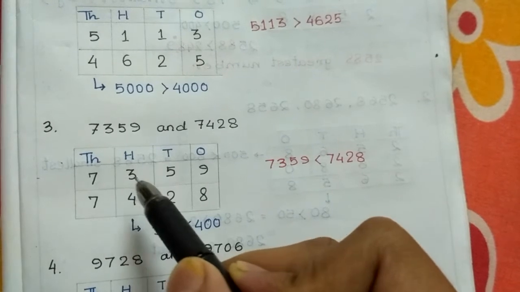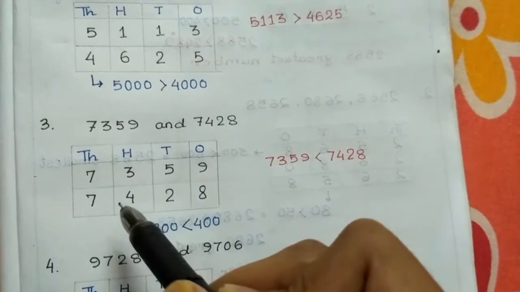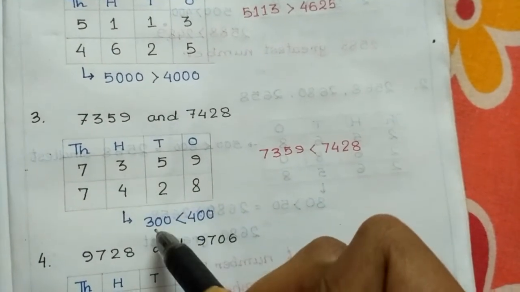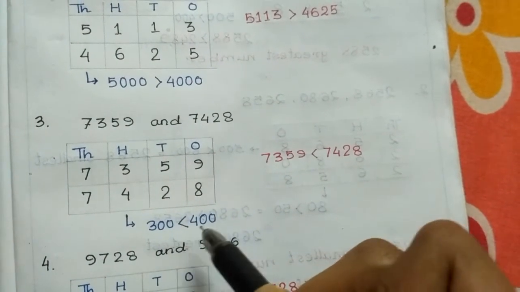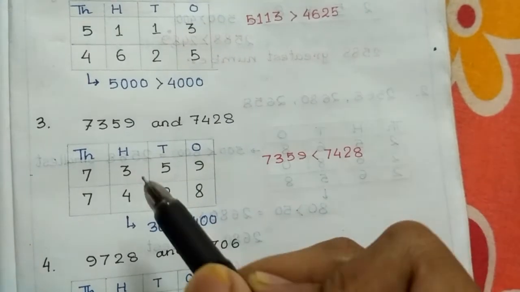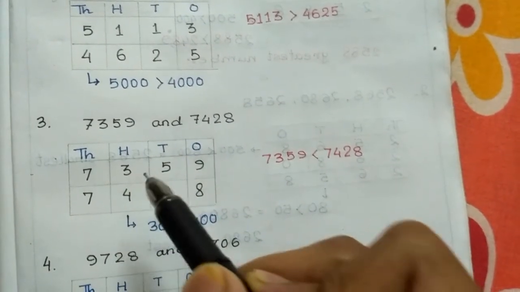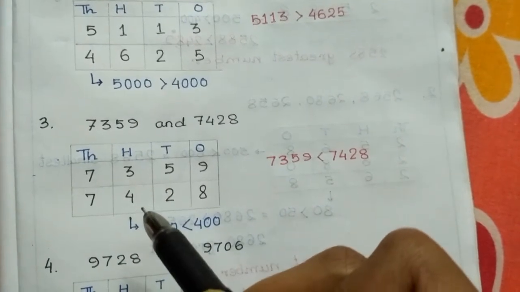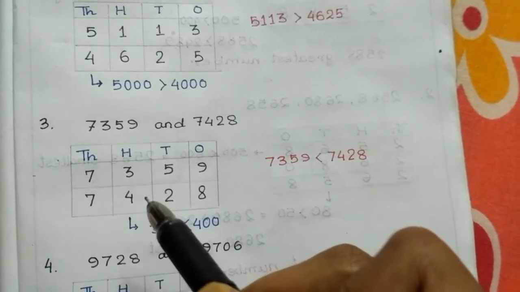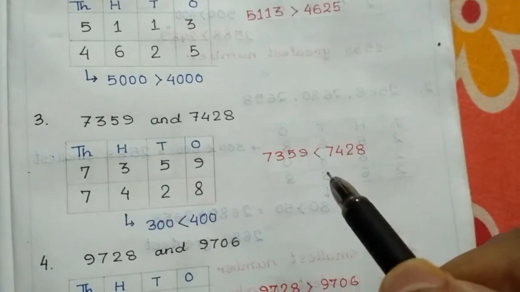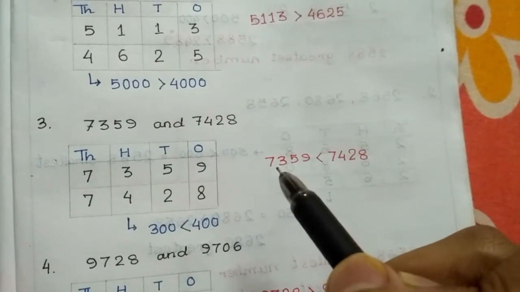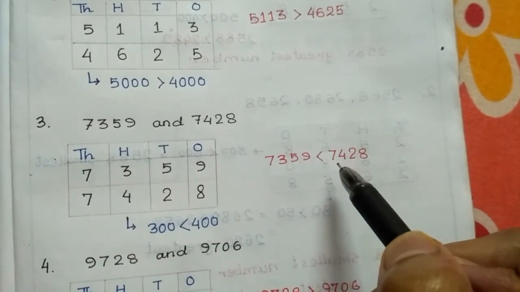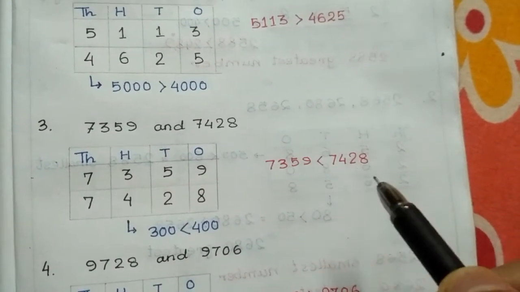So 7359 and 7428. Here 300 is less than 400. So the number which has 300 is smaller than the number which has 400. So we can conclude that 7359 is less than 7428.